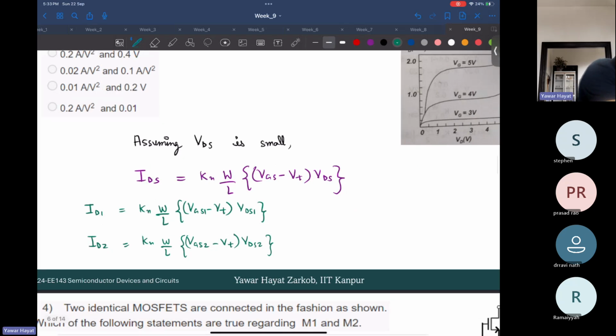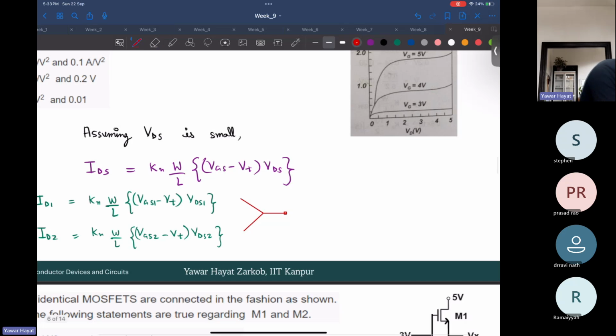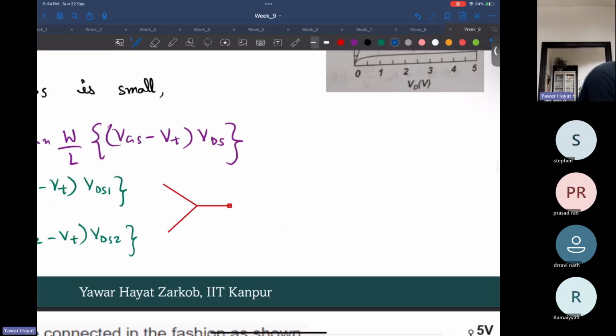Then if we divide these two equations, I'll get ID1 by ID2 equal to VGS1 minus VT times VDS1, whole divided by VGS2 minus VT times VDS2.